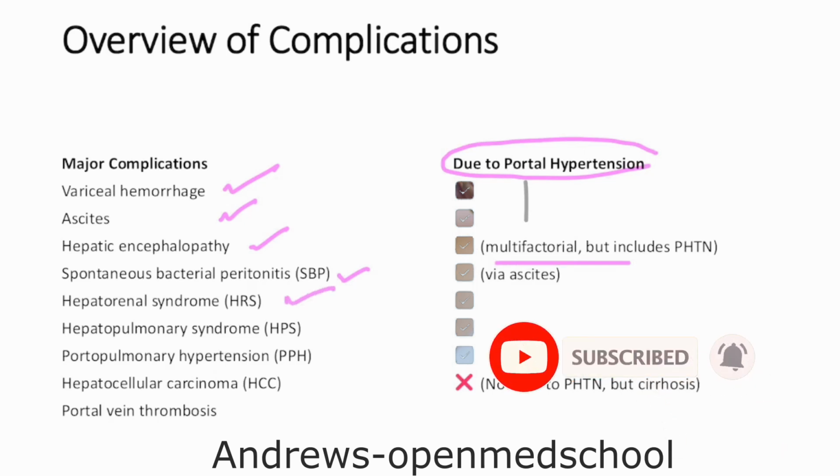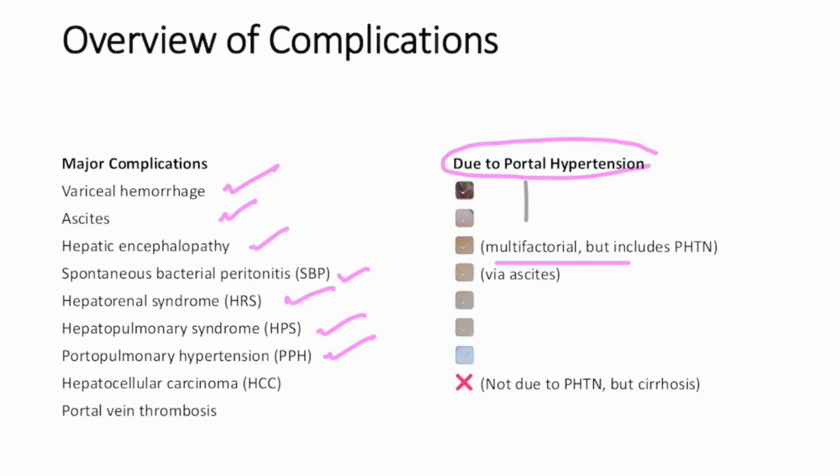Hepatorenal syndrome, hepatopulmonary syndrome, portopulmonary hypertension. These are the complications mainly due to the portal hypertension. Hepatocellular carcinoma and portal vein thrombosis can also occur, which are a little unrelated to the portal hypertension.